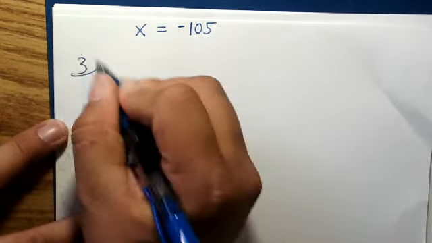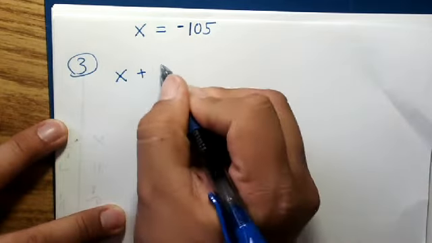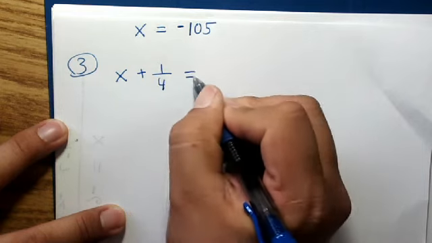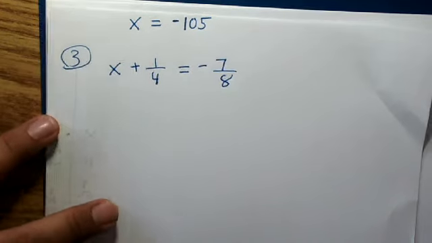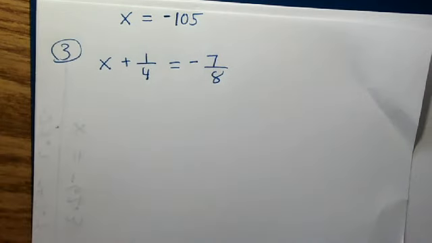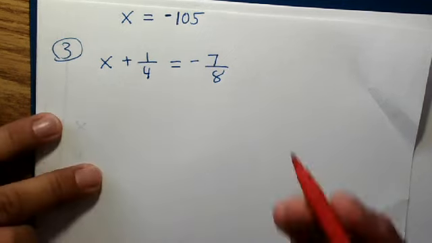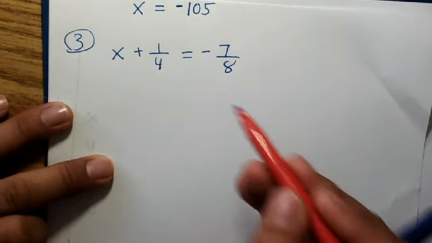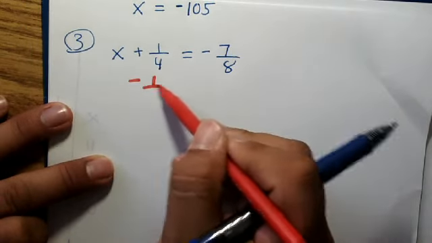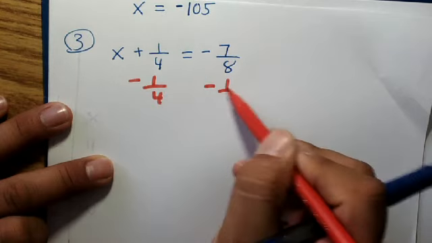Number 3 states x plus 1/4 equals negative 7/8. Well, just like the other problems, on this one, what would be the first step? You would subtract 1/4 from both sides.